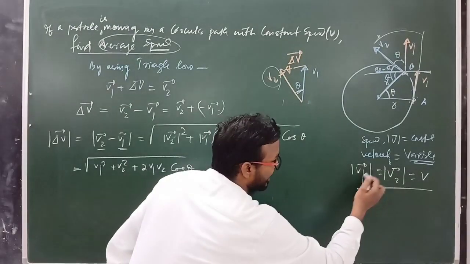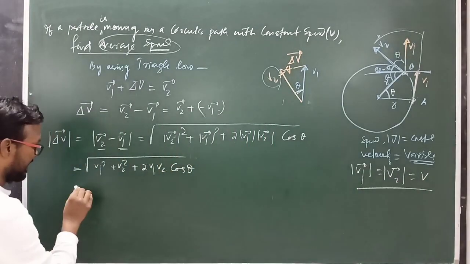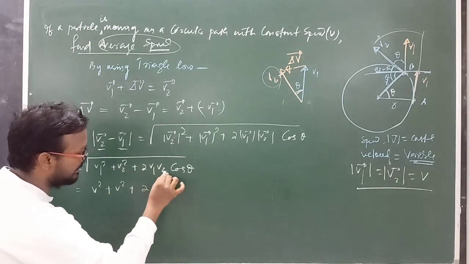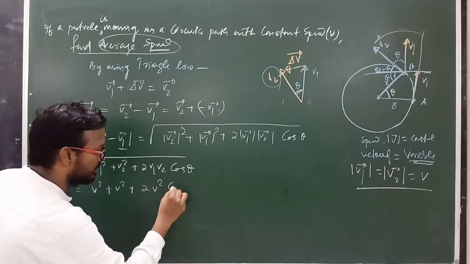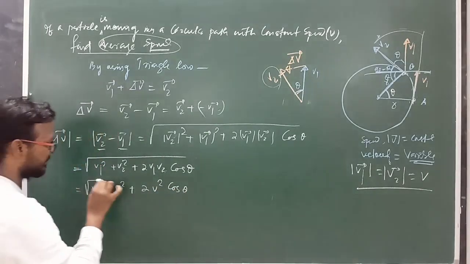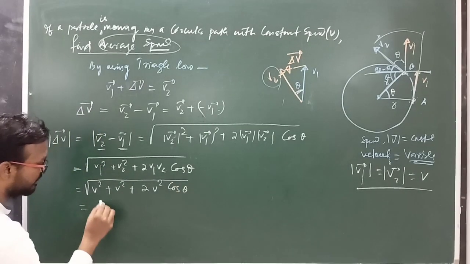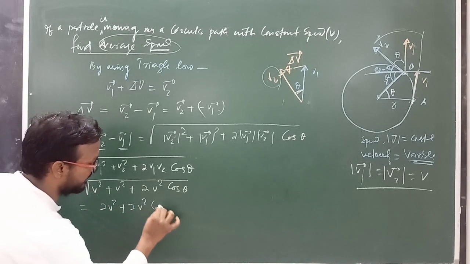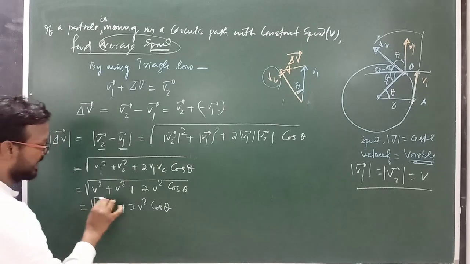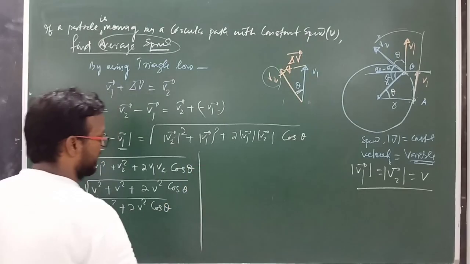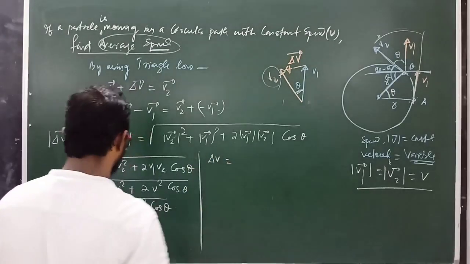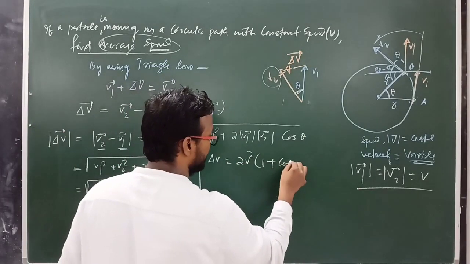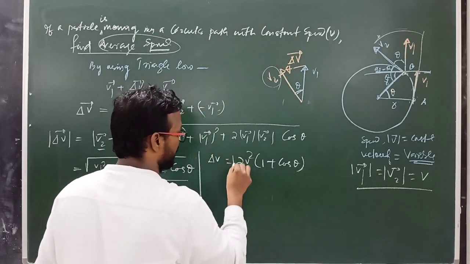So if the magnitude of V1 equals V2 equals V, then we can write V square plus V square plus 2 V square cos theta, under root, which equals 2V square plus 2V square cos theta, under root. Clear? So here delta V equals 2V square common, so 2V square times 1 plus cos theta, under root.